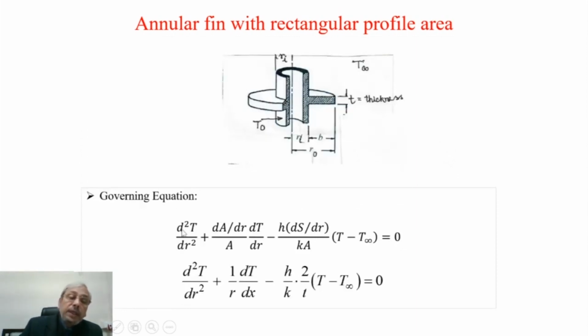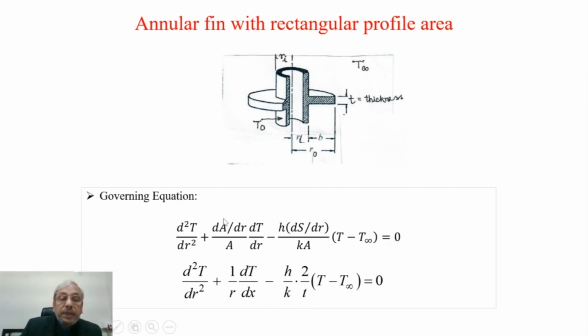So the governing equation is d2T/dr2 plus (dA/dr)/A dT/dr minus h (dS/dr)/(kA) (T minus T infinity), our usual governing equation, equal to 0.